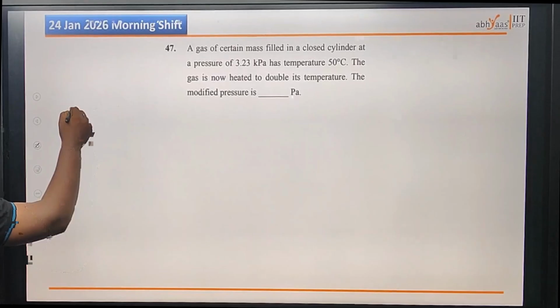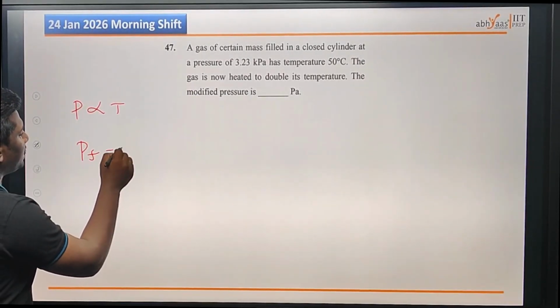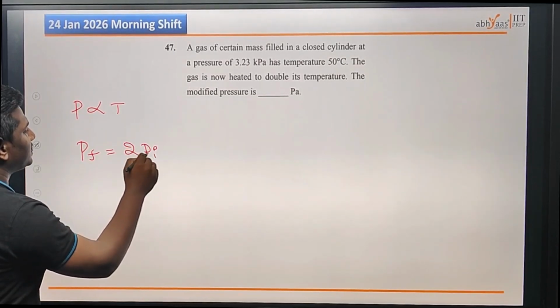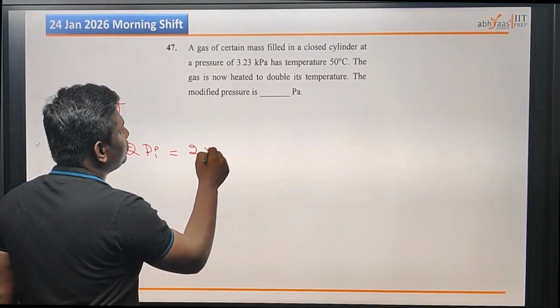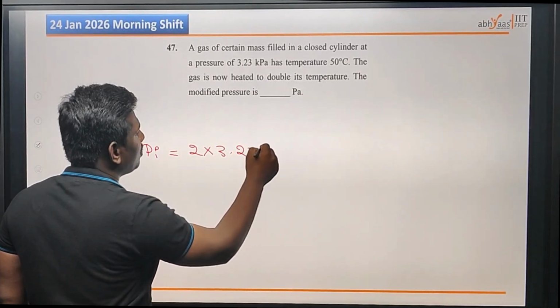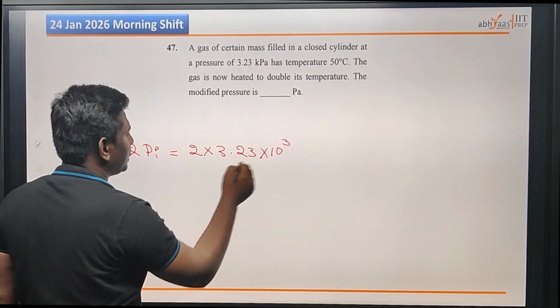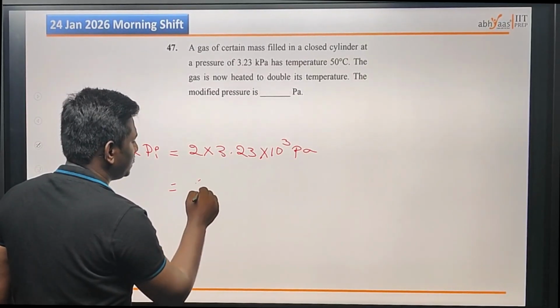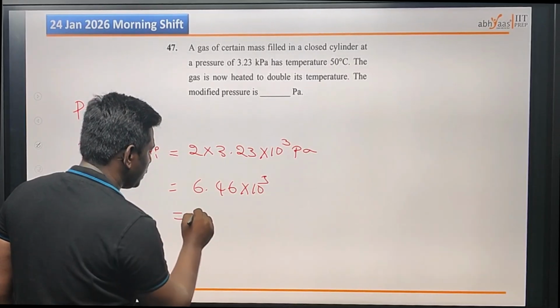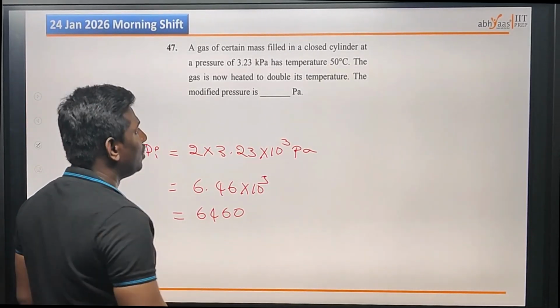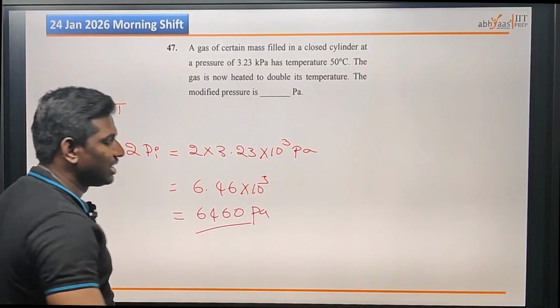So we know that the final pressure can be written as 2 times the initial pressure, that is nothing but 2 into 3.23 kilopascals. So 6.46 into 10 cube, you can simply write 6460 pascals. This is our answer.